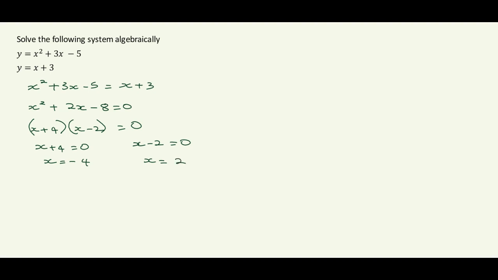So I'm going to substitute these two values into y equal to x plus 3. For x equal to negative 4, y equal to negative 4 plus 3, which is equal to negative 1. For x equal to 2, y equal to 2 plus 3, which is equal to 5.